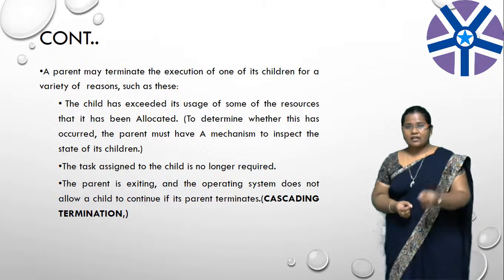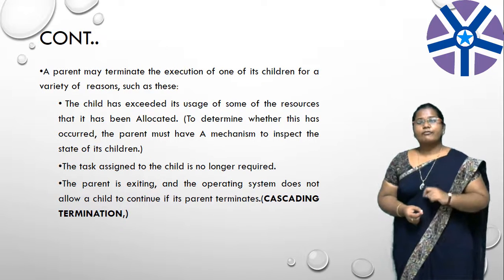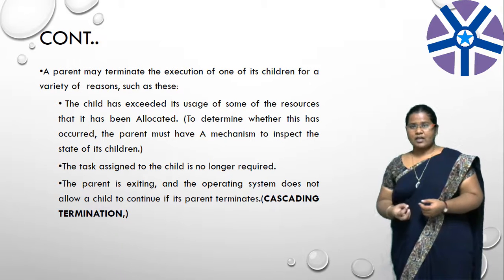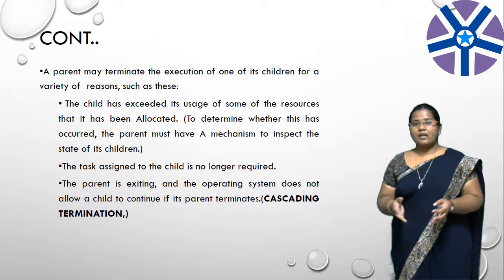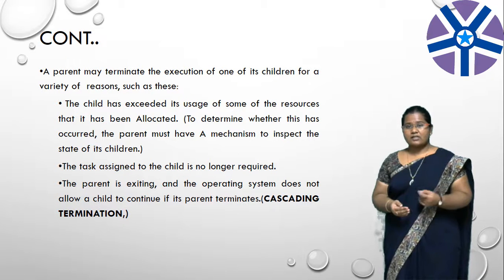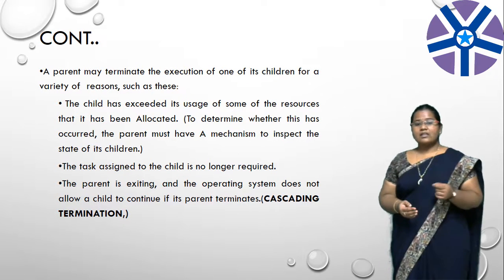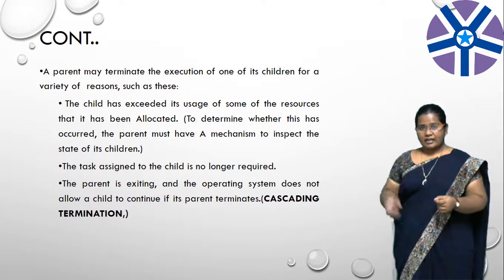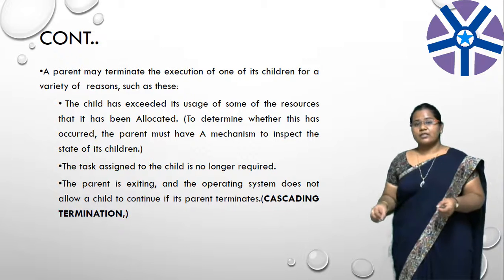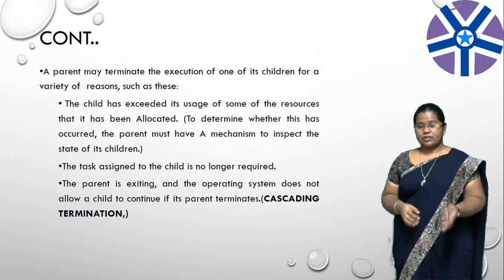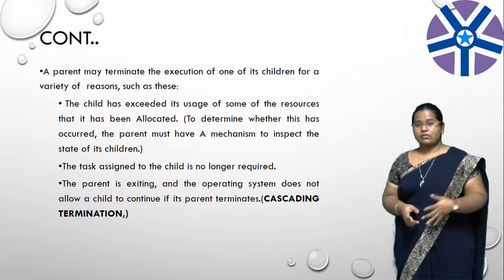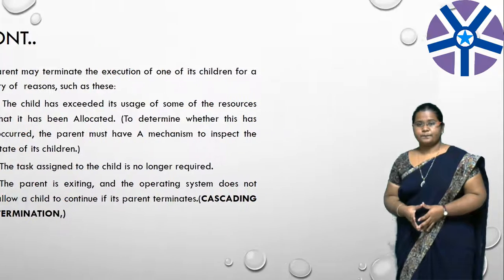Another is if the task assigned to the child process is of no use, even if the result has been generated before the child has been executed, then a parent may terminate the child process. The last reason is if the parent is exiting before the child completes. If the parent process exits, the operating system will not allow the child process to continue its execution. This type of termination of a child process by the operating system is known as cascading termination.